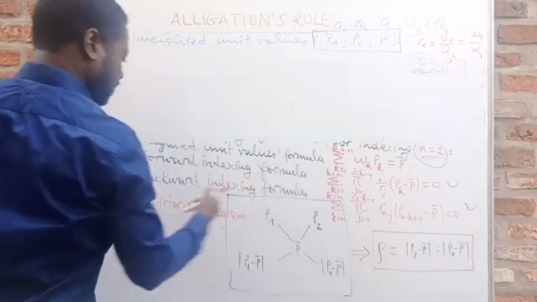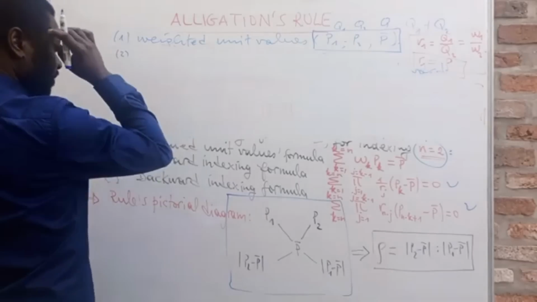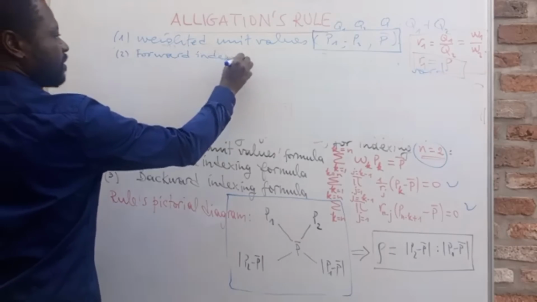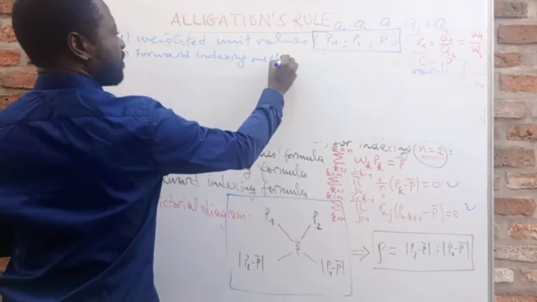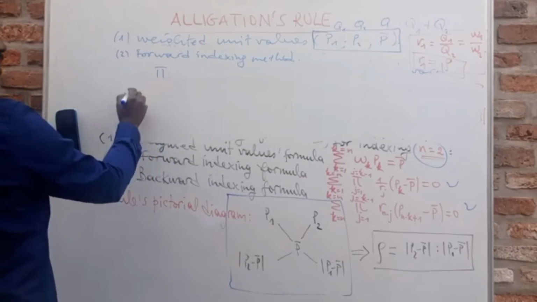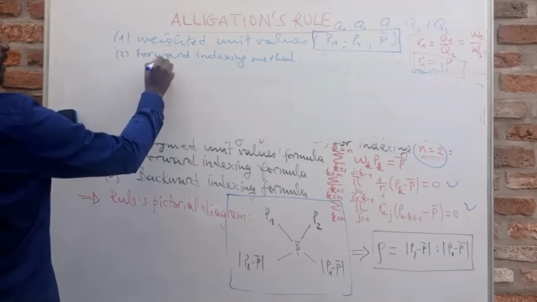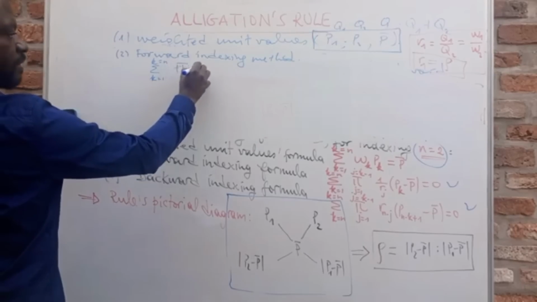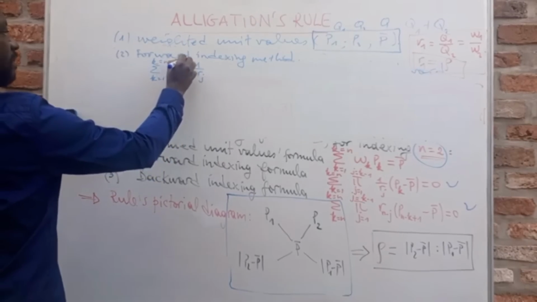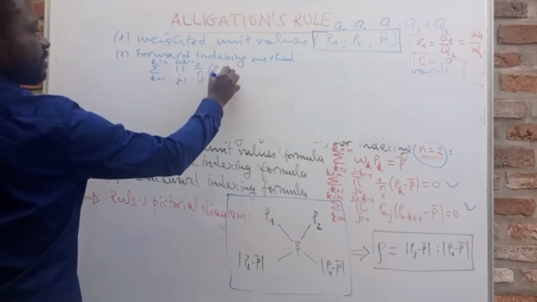If the index n is equal to 2, with the forward indexing method, we'll have the summation from k equal to 1 until k equal to n of the product of reciprocals of ratios, with index j extending from 1 until j equal to k minus 1, of P sub k minus P bar.